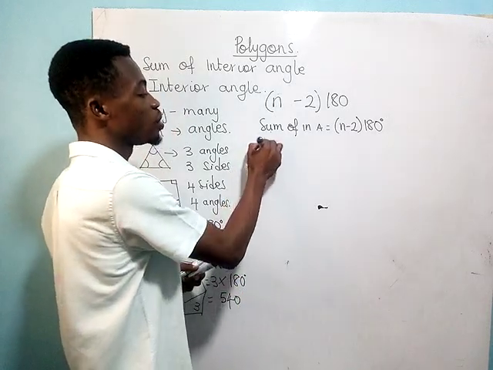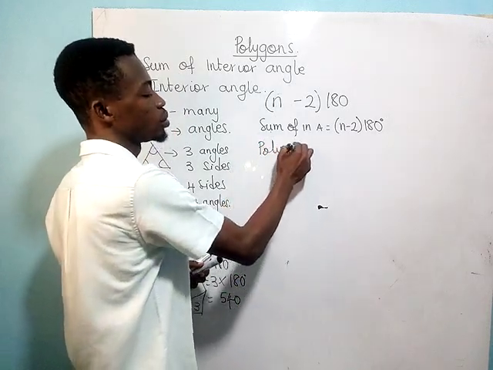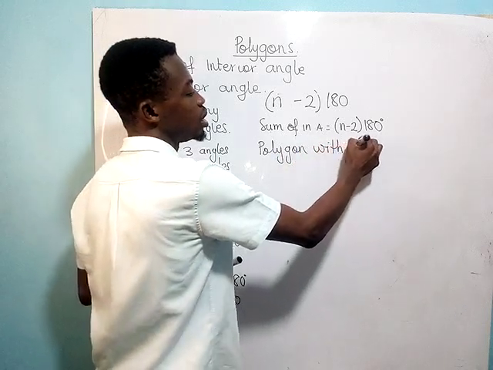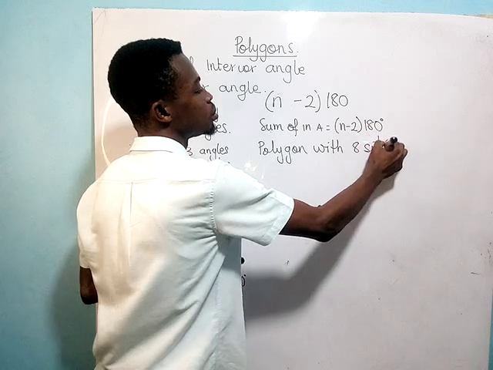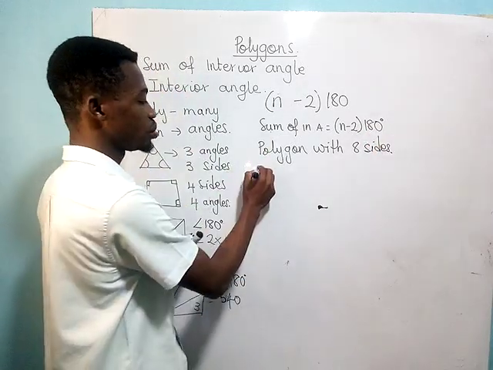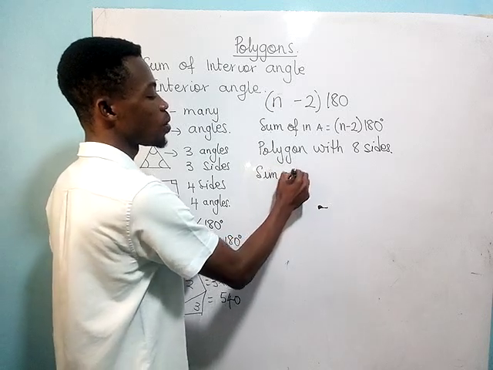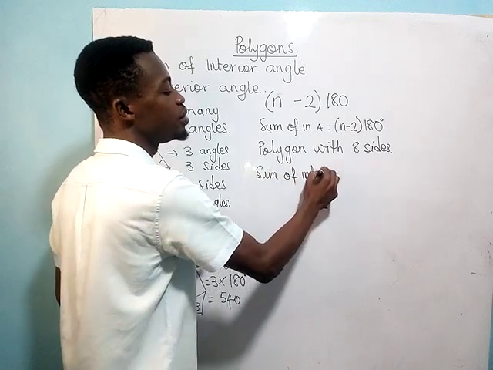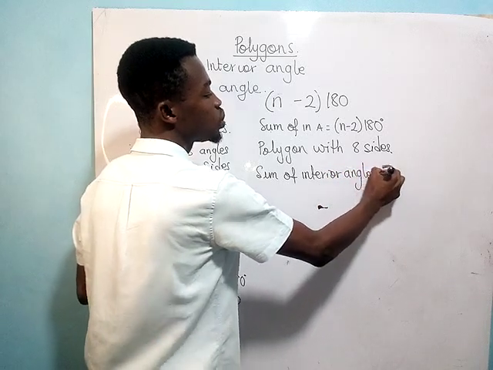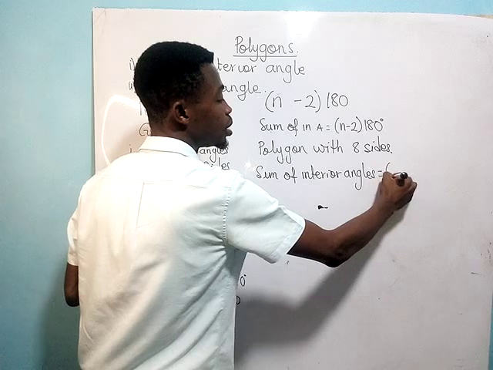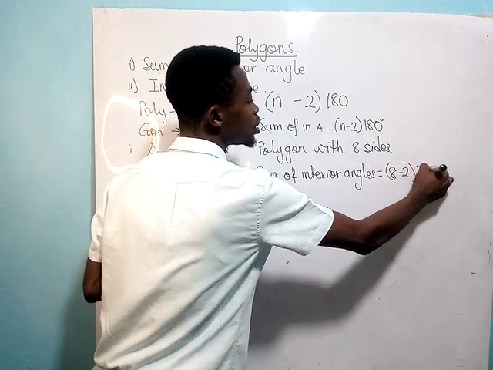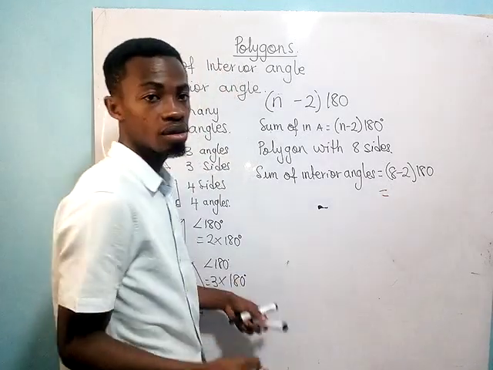So now let's take some examples. We have a polygon with 8 sides. We have to find the sum of interior angles. So here the sum of interior angles is going to be n, which is 8, minus 2, times 180.